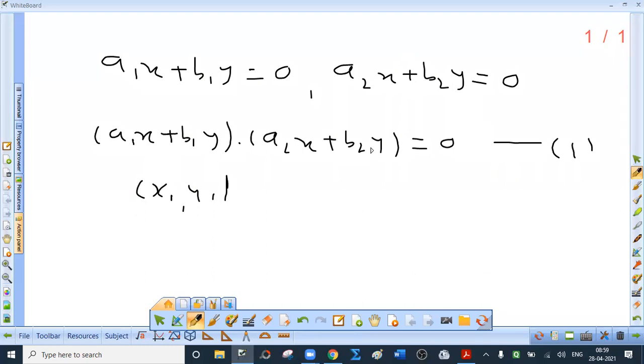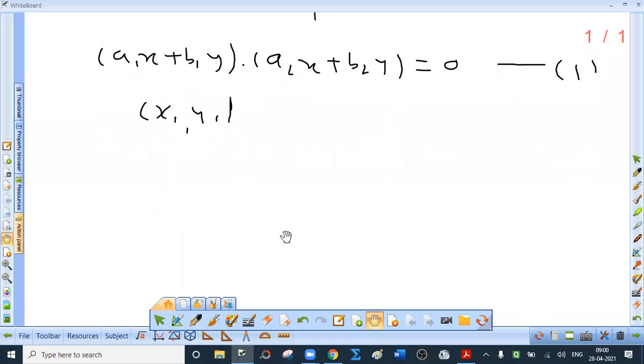Is that clear? Okay. Now, conversely, if (x0, y0) is any point on the locus 1, I can say if a point lies on the locus, its coordinates will satisfy the equation.